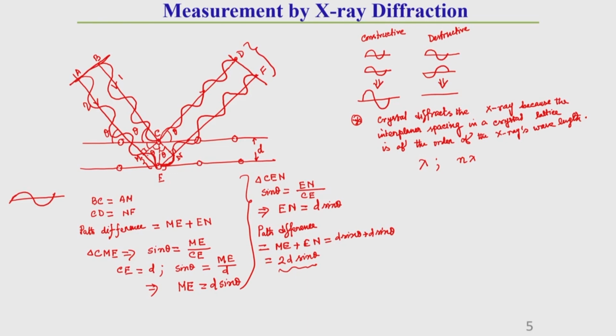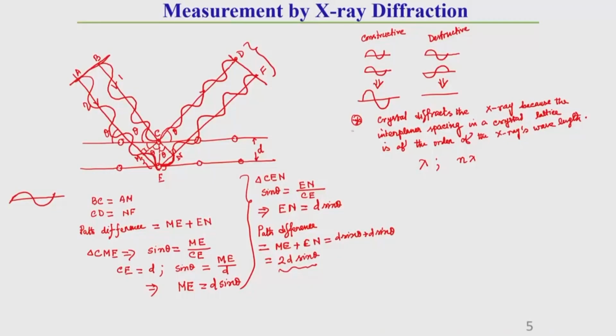To get these things, either there will be a half wave, or in between this distance there can be 2 waves, if the spacing is different. But that will not happen, because I have already told you the crystal diffracts since the X-ray wavelength is within the same order as the lattice spacing distance. That you should keep in mind.